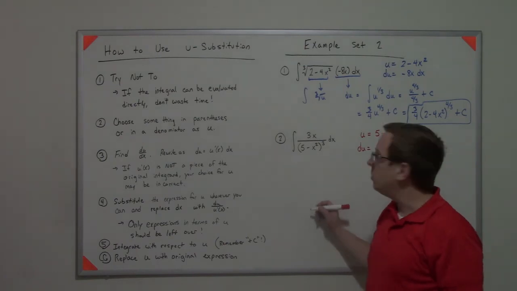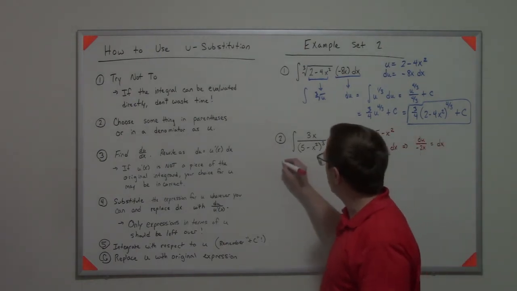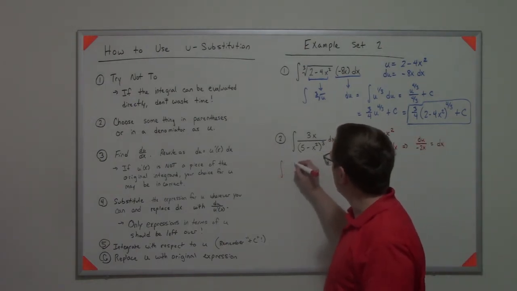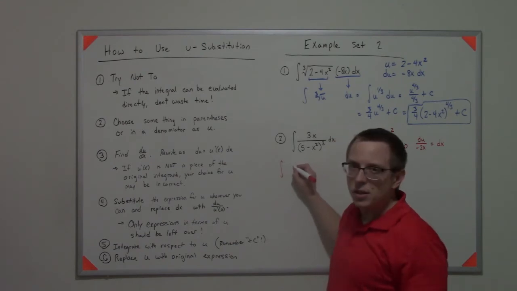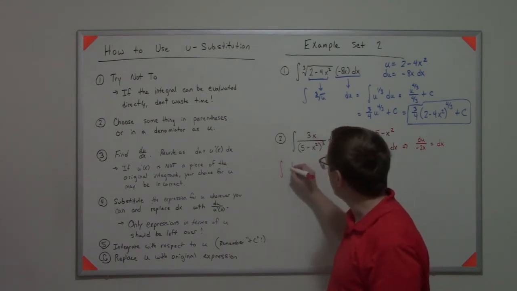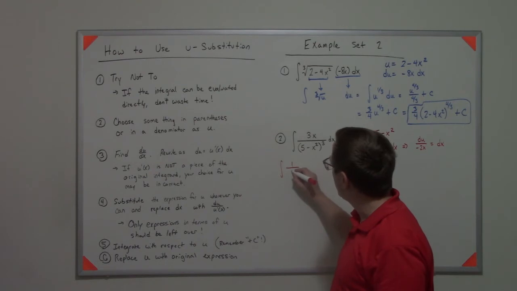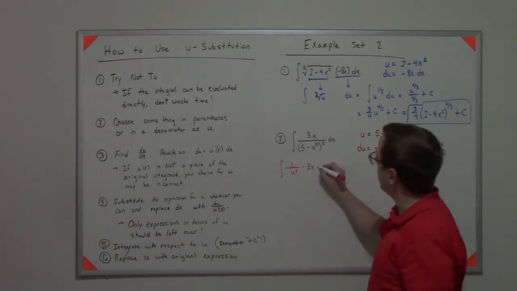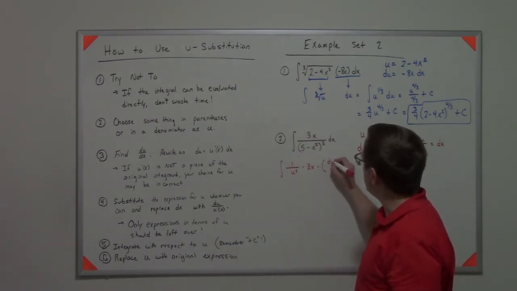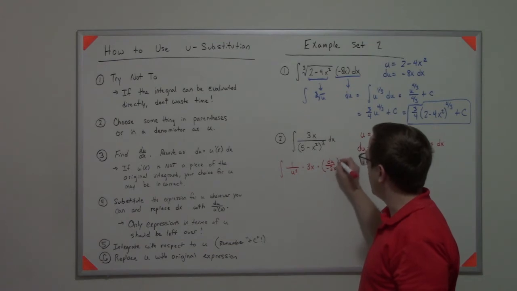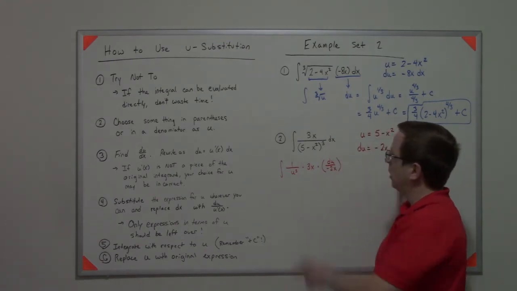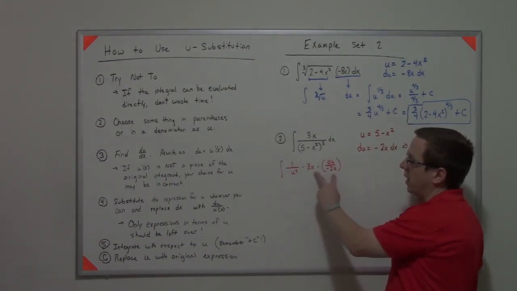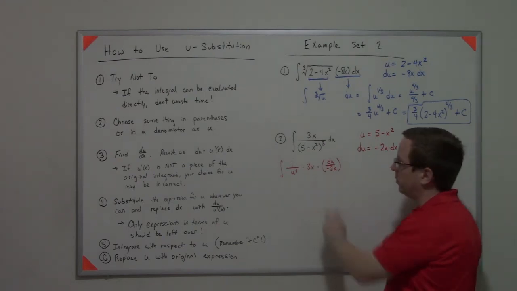The reason I want to do that is now I'm going to split this up just slightly. I'm going to say this is 1 over u cubed times 3x, so I'm bringing that over to the side, times du over negative 2x. I want to do that because I want to see these x's cancel.